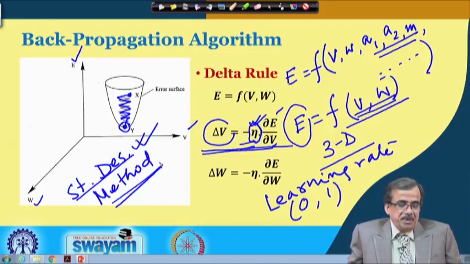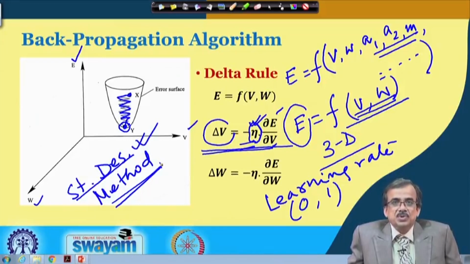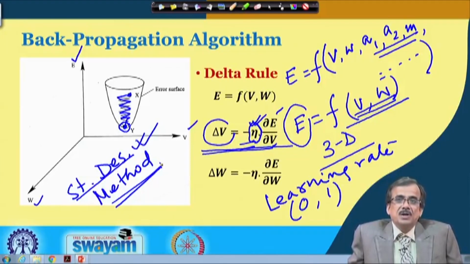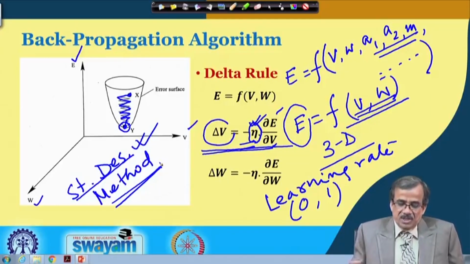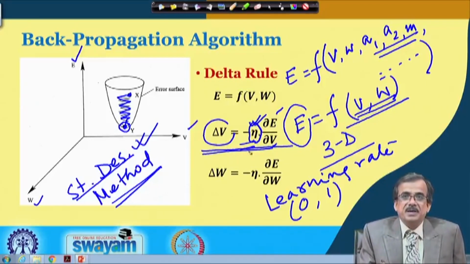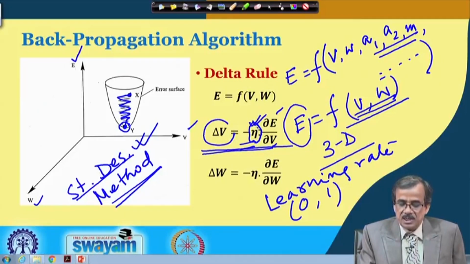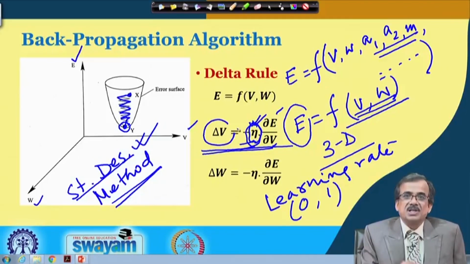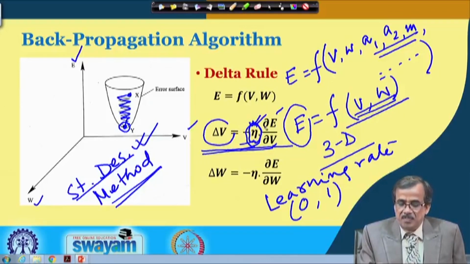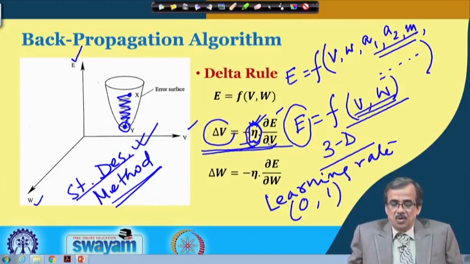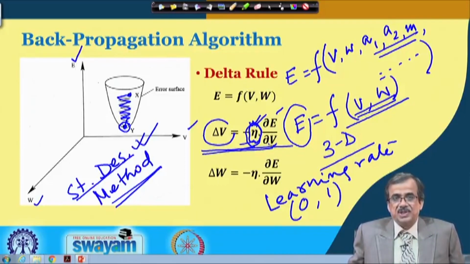Let me mention that for any optimization tool, there are two things which you will have to consider. One is what should be the search direction and the other is what should be the step length during the movement. The same thing we just copy here: the change in V is nothing but, considering that eta is the step length, minus partial derivative of E with respect to V. So, that is going to decide what the search direction should be.